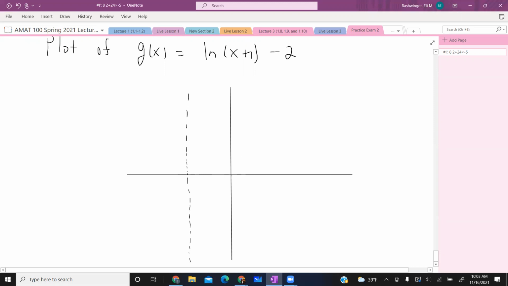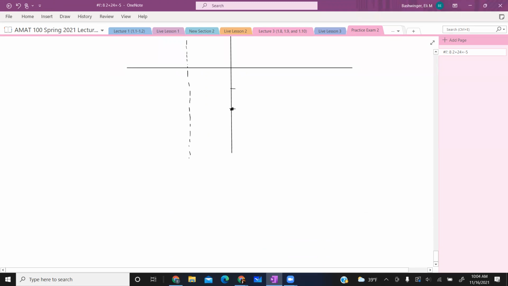Now the x-intercept is going to shift down 2 units to here, say maybe. Here's 1, and then maybe here's 2. And then the graph is going to look the same, basically. It's going to go like this. Instead of passing through the origin, it's going to pass through here.